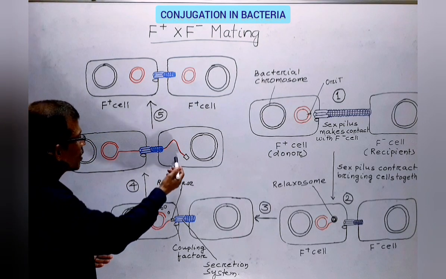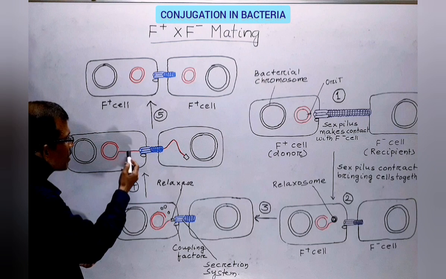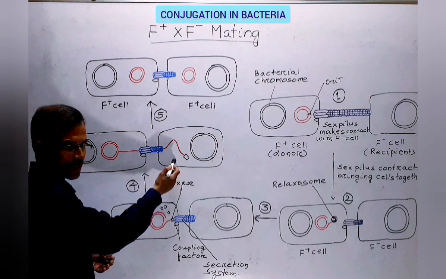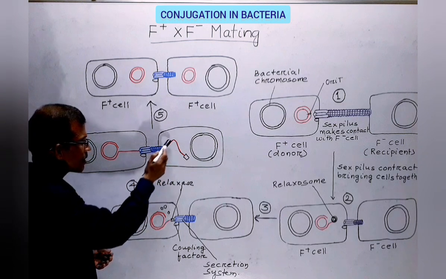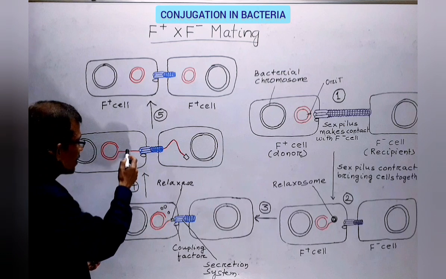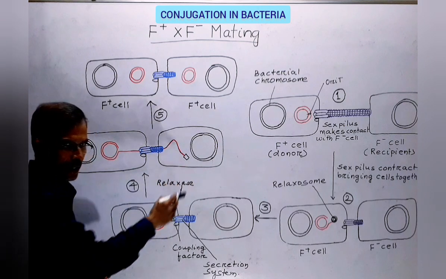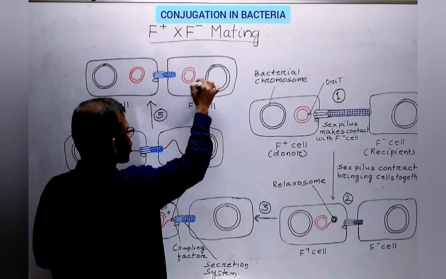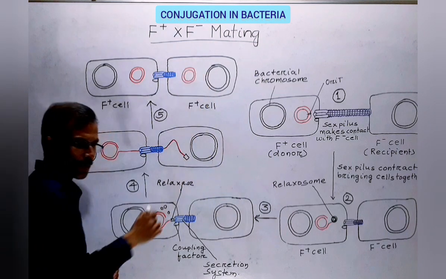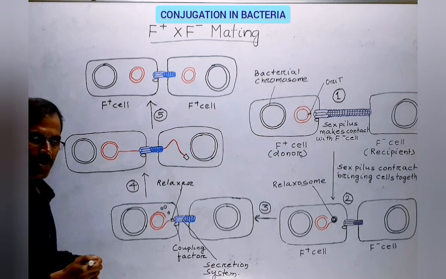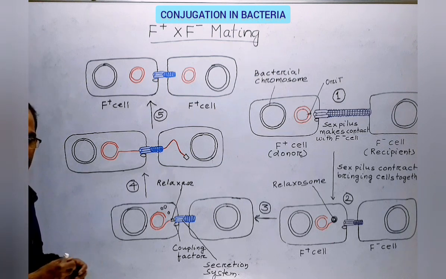In this figure, you can see that the nicked strand has been transferred from donor to the recipient cell. During this transfer through the type 4 secretion system, this entering strand is replicated, so the recipient cell receives a copy of the F factor. At the same time, the remaining strand in the donor cell is also copied.